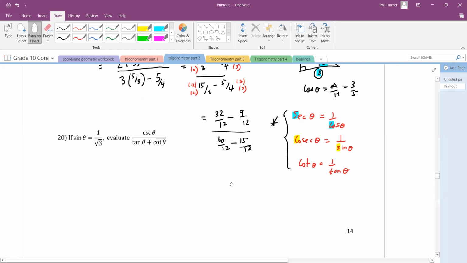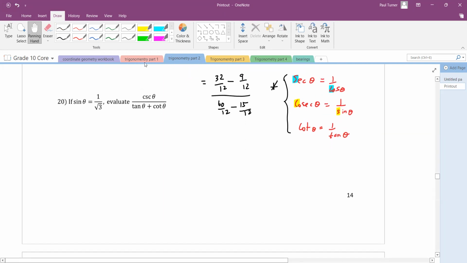I know you'll probably want to use a calculator. It's very tempting when you've got fractions like this. So now we have a common denominator 12, and this is 32 minus 9. And this common denominator is also 12. And now we've got 60 minus 15.